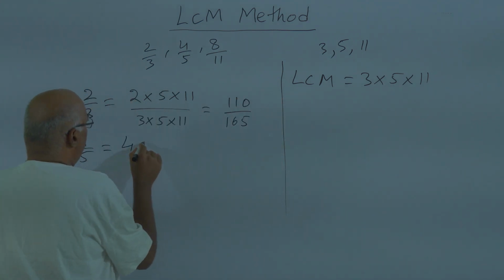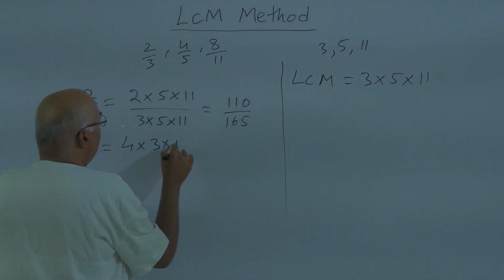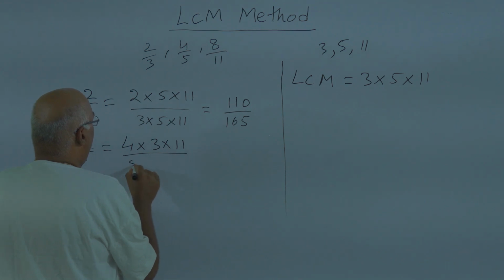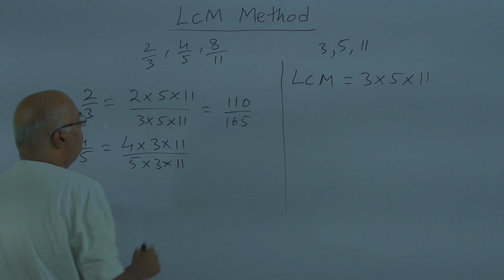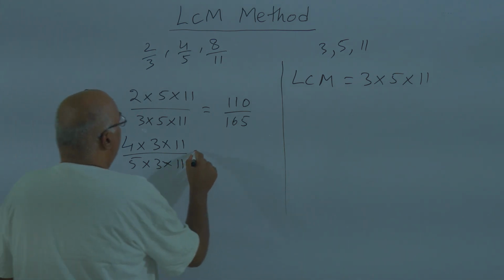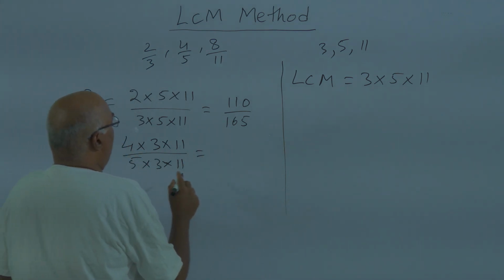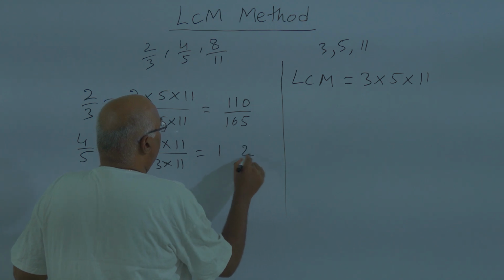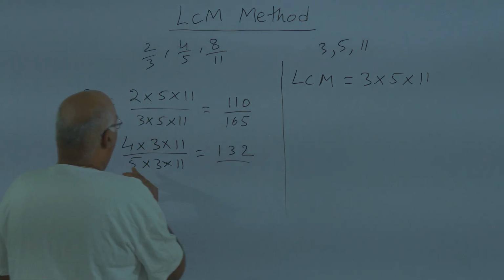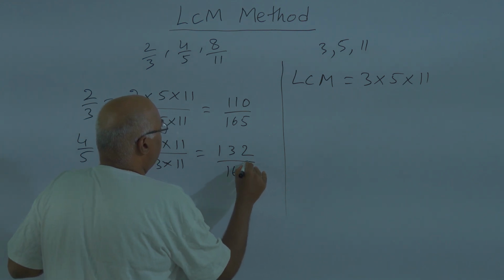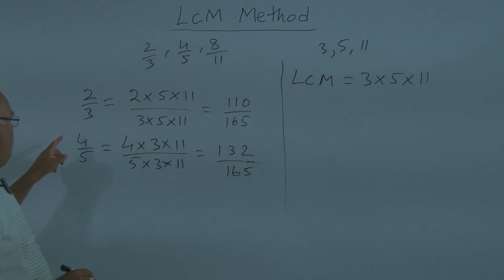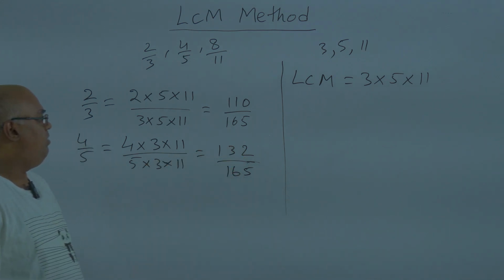So 4 into 3 into 11 by 5 into 3 into 11. 4 3s are 12, 12 11s are 132. 5 3s are 15, so 165. So I have written the fraction 4 by 5 as 132 by 165.